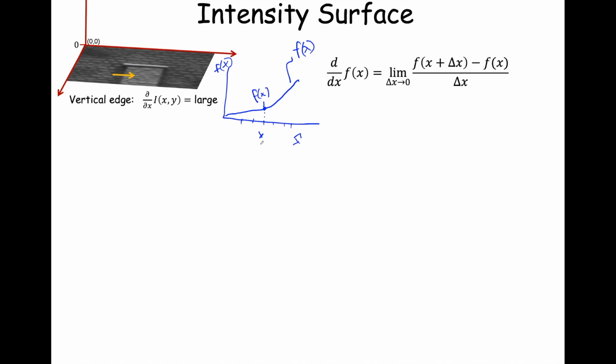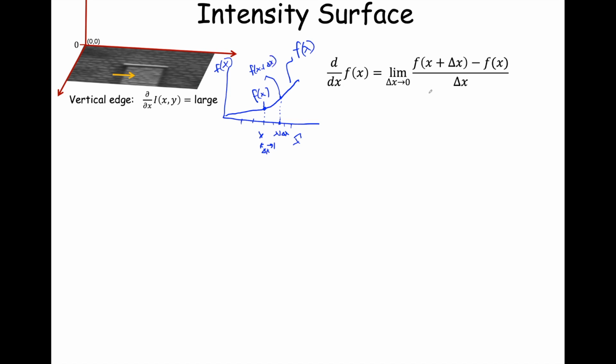Then we go some distance, delta x, some change, and it can be to the right or to the left, it doesn't matter, but the convention I'm going to choose for this description is going to the right. It's going to increase. Now this value is x plus delta x. And if we look at the value that f returns for that point, delta x away from x, that's f of x plus delta x.